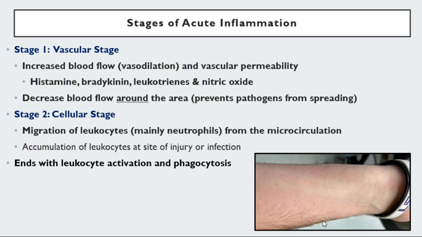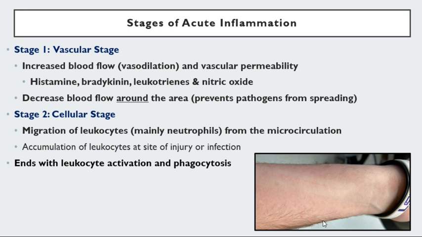So there's a whole vascular control of inflammation, as well as a cellular stage where you have migration of leukocytes into a specific area. This is mainly neutrophils, which are the first responders of the immune system. Those are great because they can do phagocytosis and they have cell-mediated roles as well.